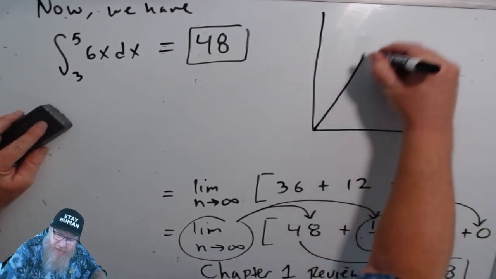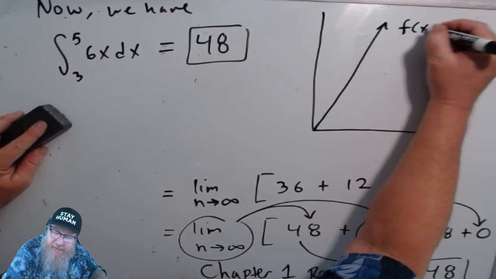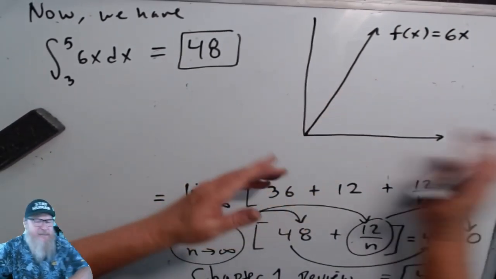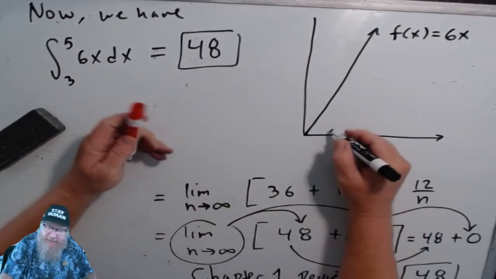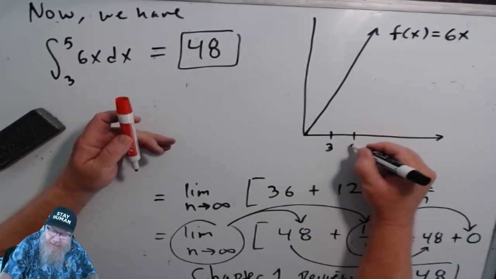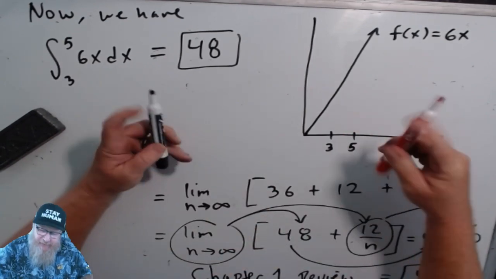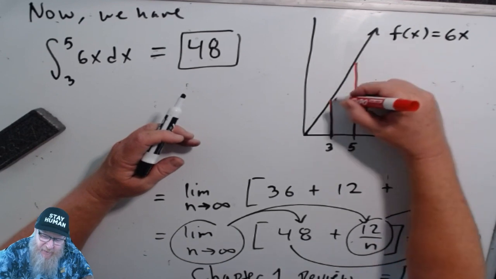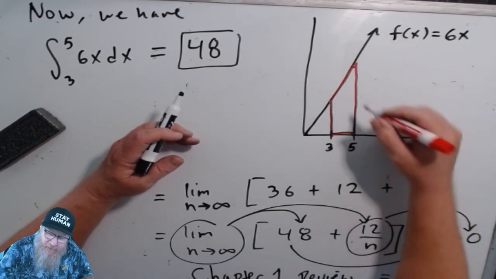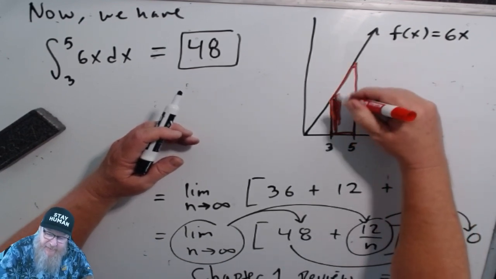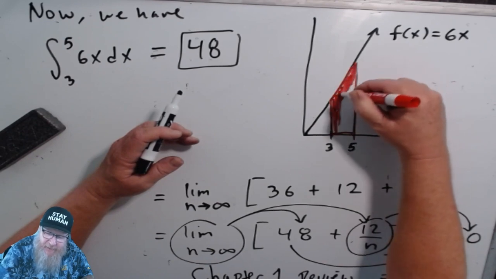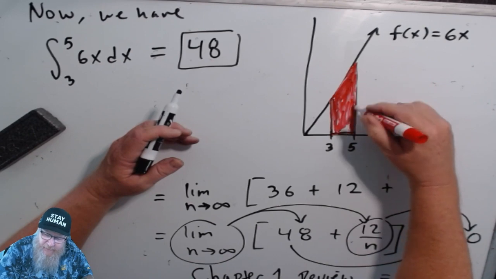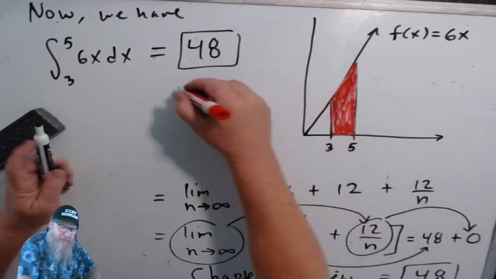I'm not going to do a very good version of it, but f of x equals 6x is essentially a line. It's a pretty steep line. I'm not going to count. I'm just going to say that's 3. That's 5. This is not to scale. And you have found the exact area, not the approximate, but the exact area under the curve.